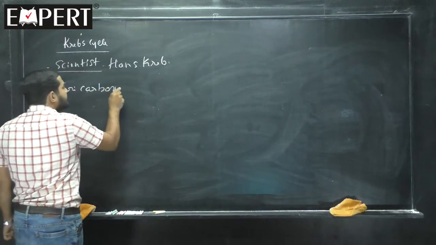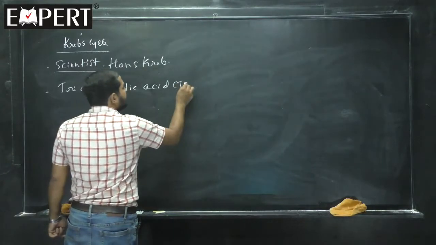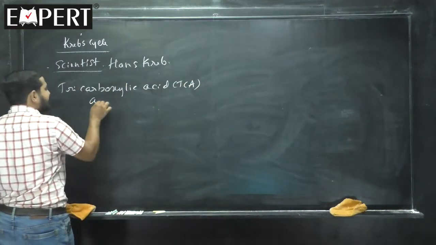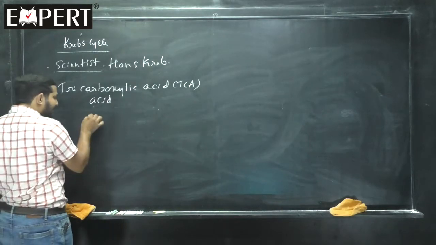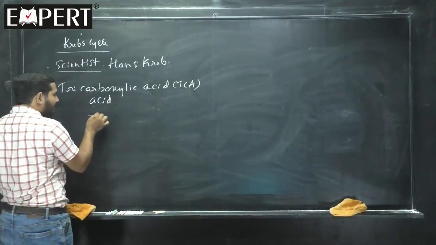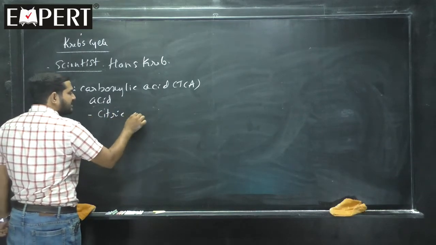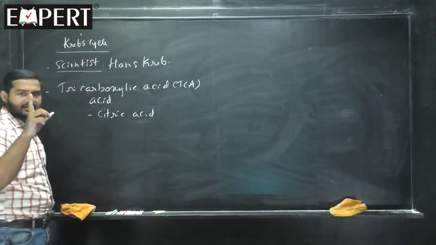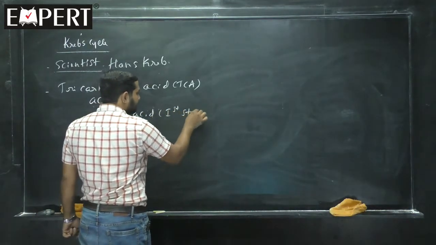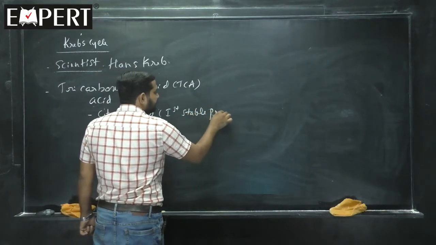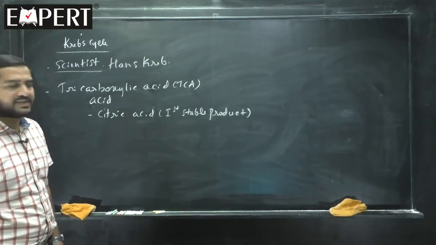tricarboxylic acid cycle, TCA cycle. Why? Because of the formation of a chemical called citric acid, which is the first stable product. Citric acid is the first stable product of the Krebs cycle.